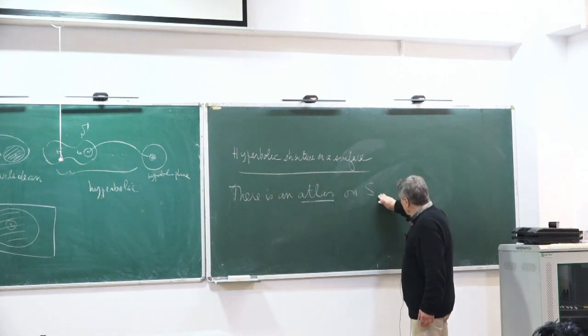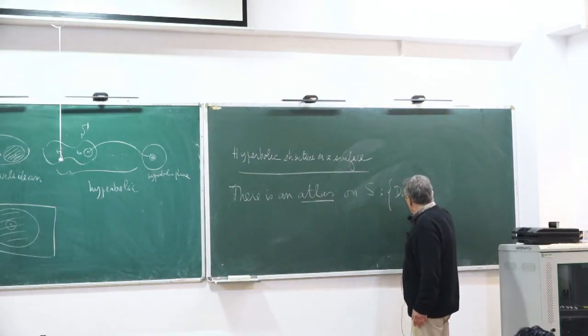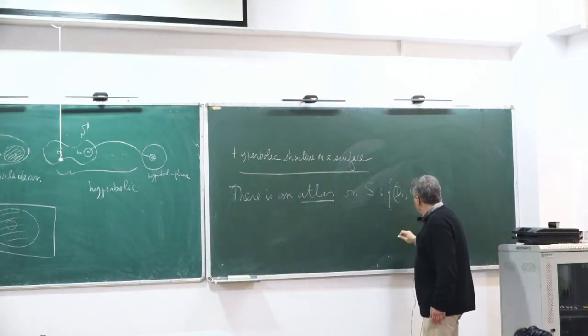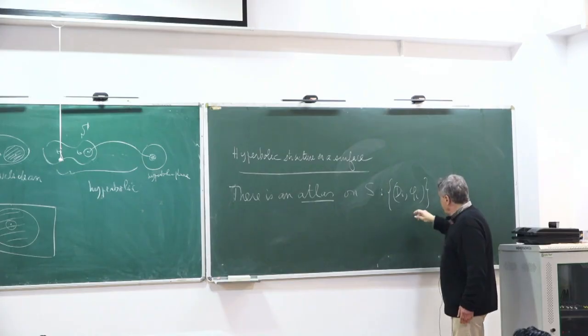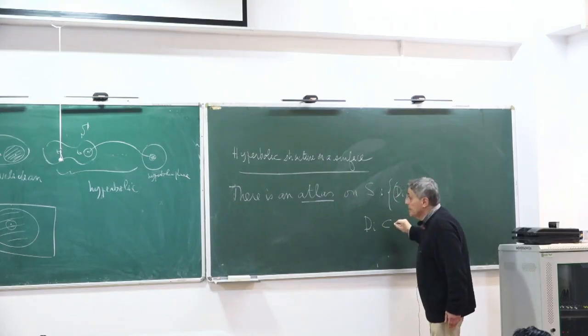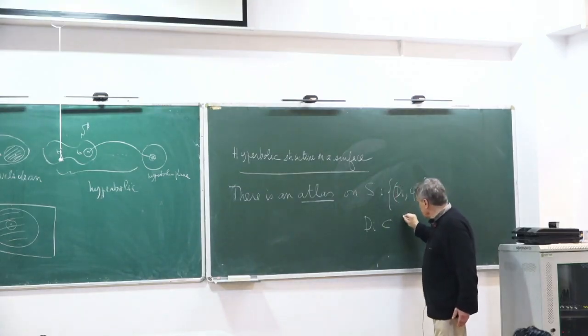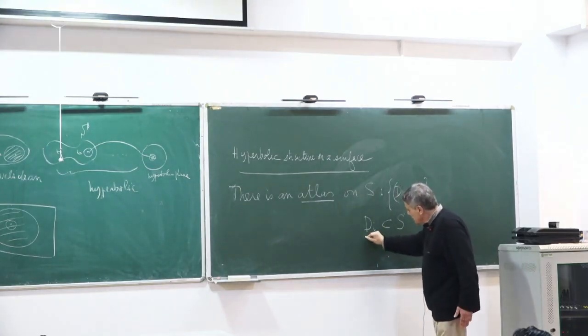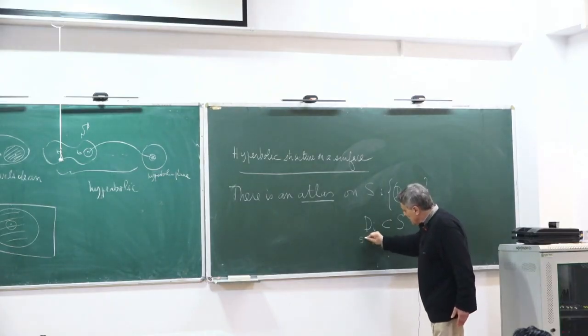That is an atlas. Well, a collection of (D_i, phi_i), where for each i, D_i is a subset of my surface. I want to take it simply connected. I want to take a disk.